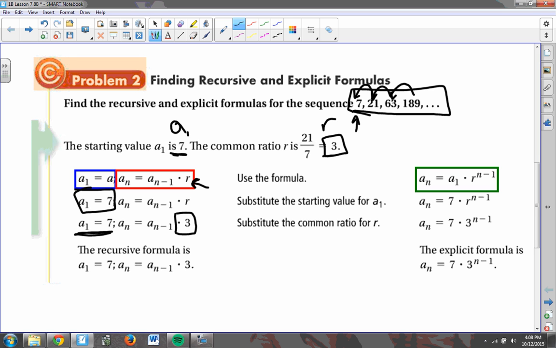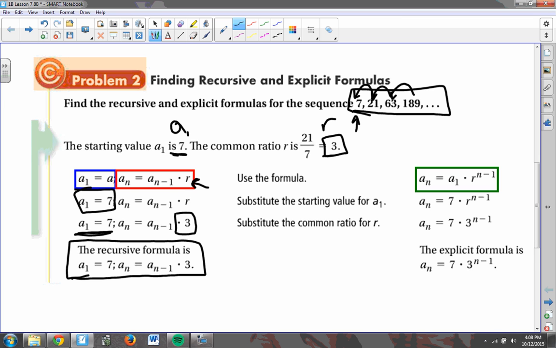So A sub n, meaning whatever term you want to find, if you know the one before it, A sub n minus 1, you just times that by 3, and you found that term. These two things together will tell me that whole sequence.